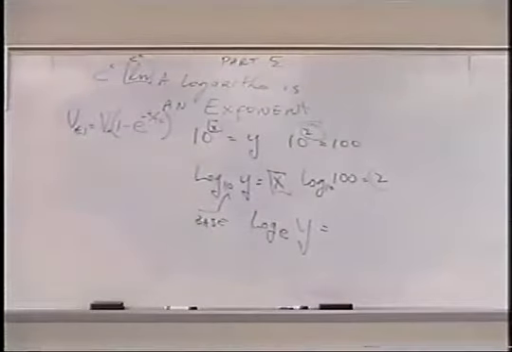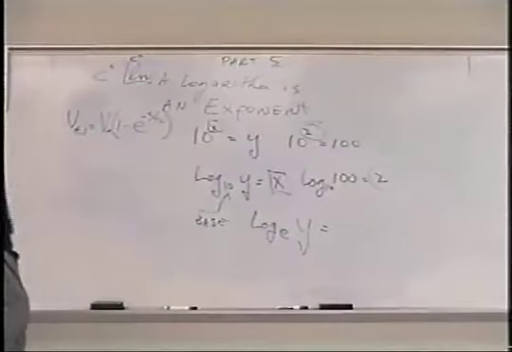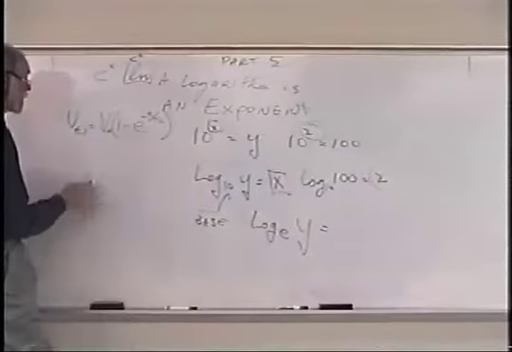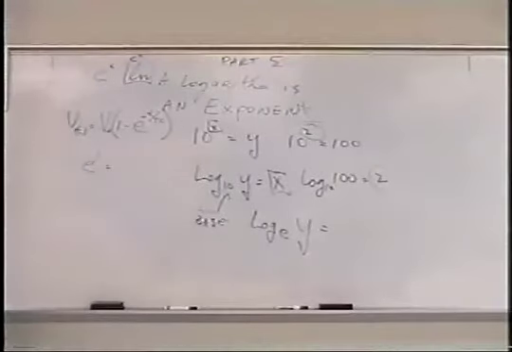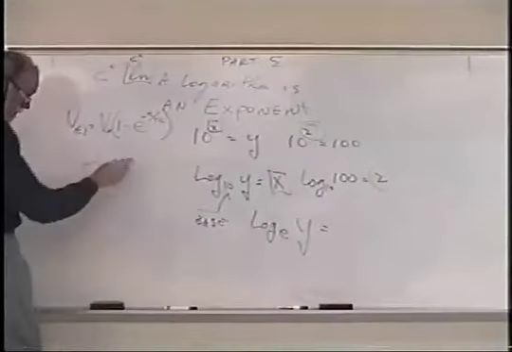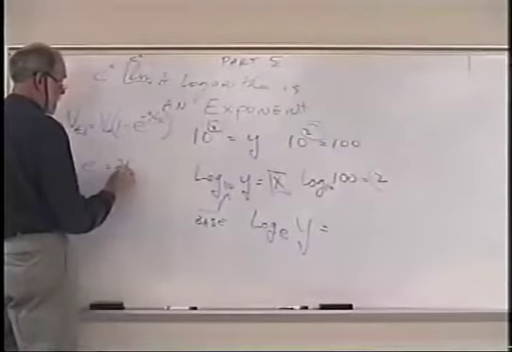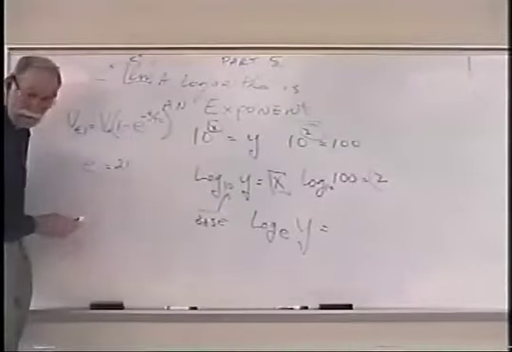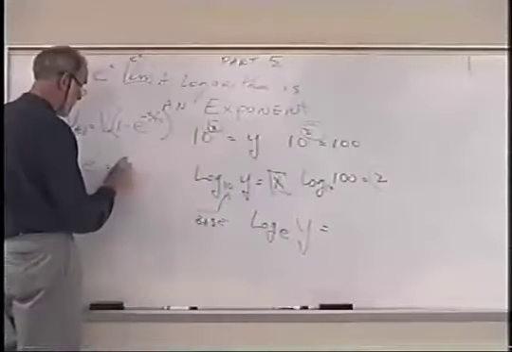I'm just showing you there's an application for knowing about E. E is in your calculator. If you put 1 in your calculator and hit the E to the X button, your answer up on your screen should be approximately 278.128, I believe it is.